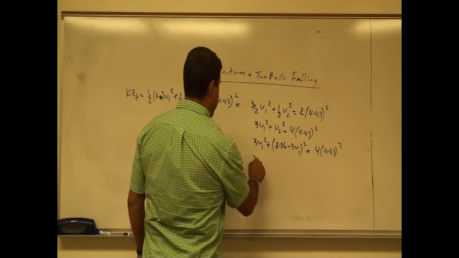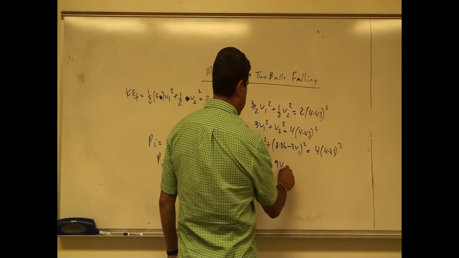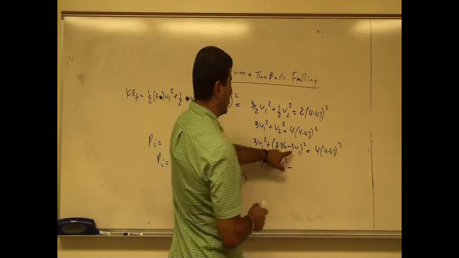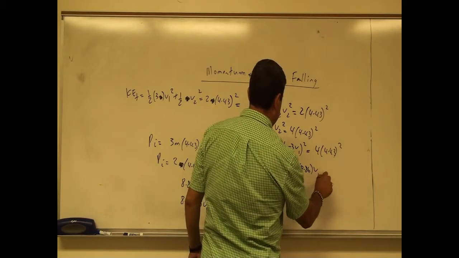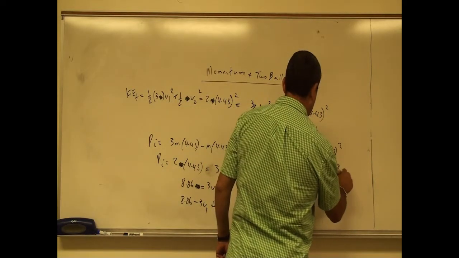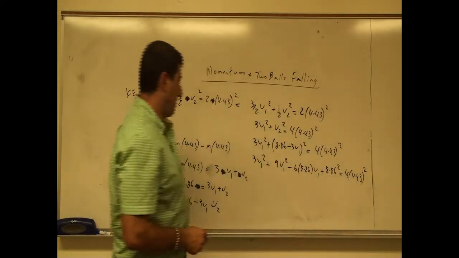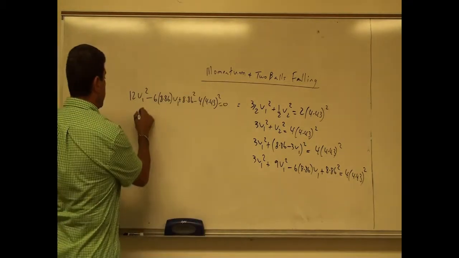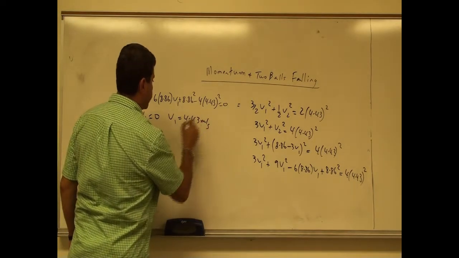Then I can expand that out: 3v1 squared plus, when you square this, 9v1 squared minus double the product, which is 6 times 8.86 v1, plus 8.86 squared. Okay, so then let's put all of this together. V1 is equal to 0 and V1 is equal to 4.43 meters per second.